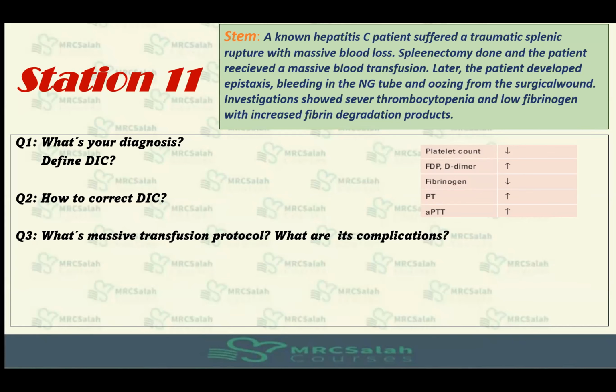Transfusion related lung injury. So we have volume overload, electrolyte disturbances, as you said, hyperkalemia and hypocalcemia, and we have coagulopathy. I just want to add something to the definition of massive transfusion. The most recent definition is a transfusion of 4 units or more within 1 hour or 10 units within 24 hours. This is very important because this is the most recent one.